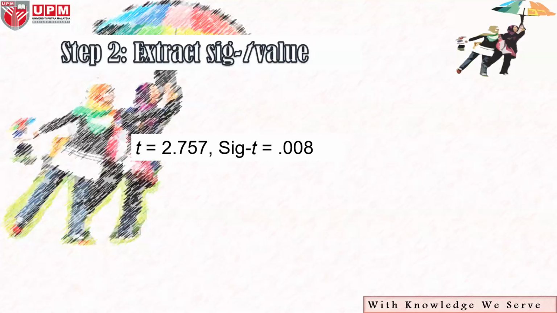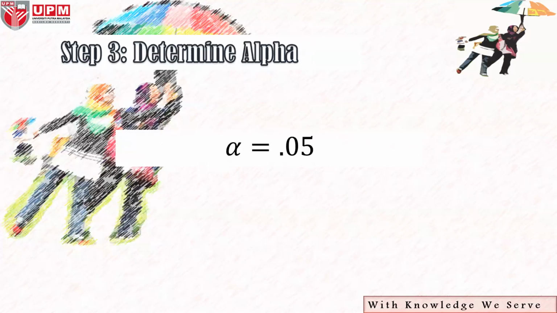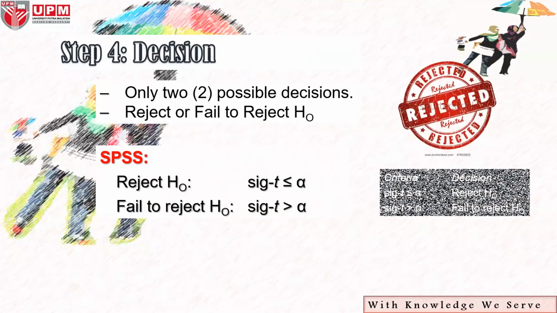Make sure you report both in your dissertation and in your exam and assignment, even though the decision is based only on the significant T. Based on our analysis, T equals 2.757 and significant T equals 0.008. Then we set our alpha and make the decision.